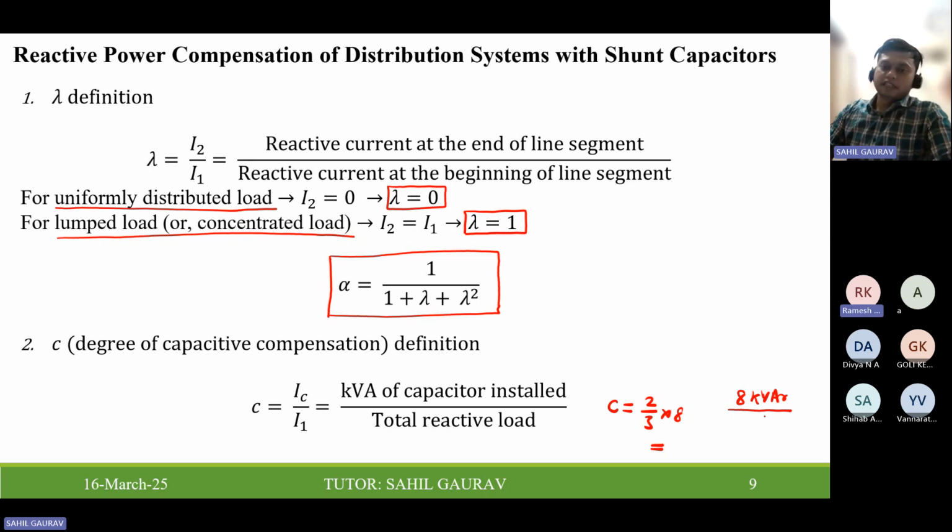So first you convert this 8 kVAR into apparent power, like suppose 10 kV is given. So it is coming as 0.8. kVA upon total active load.